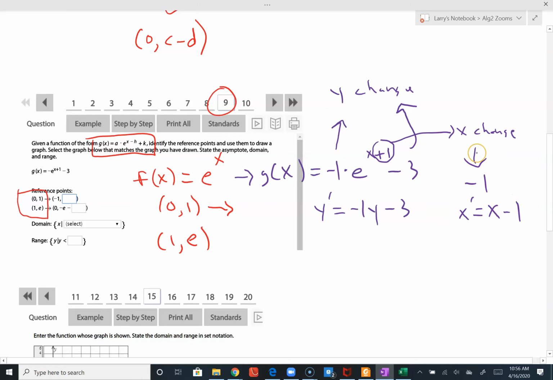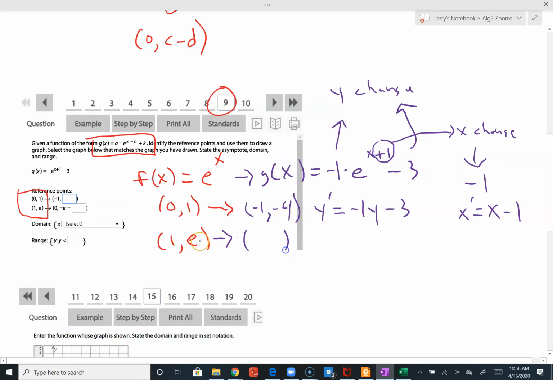We know that the x change happens opposite of the way we'd think. So this new point: (0, 1), well, the x change is just a subtraction of 1. 0 is going to become negative 1. Our y change, we're going to multiply this y value by negative 1, and we're going to subtract 3. 1 times negative 1 is negative 1, minus 3 is negative 4.